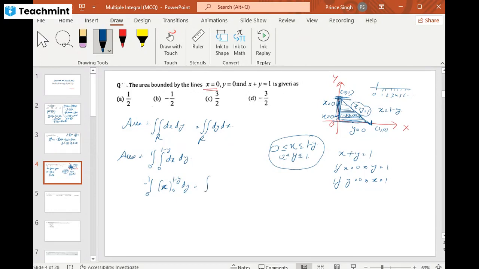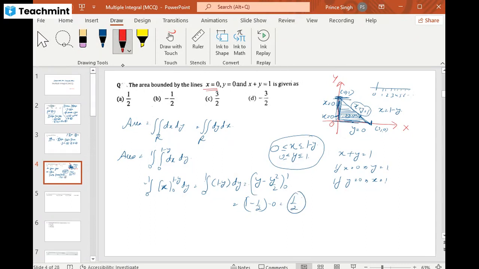So this is 0 to 1, x becomes 1 minus y minus 0, so this is 1 minus y only. And the integral of 1 minus y: the integral of 1 is y, the integral of y is y squared by 2, with the limit 0 to 1. On substituting the limit, 1 minus 1 by 2 minus 0. So the answer will be 1 by 2.